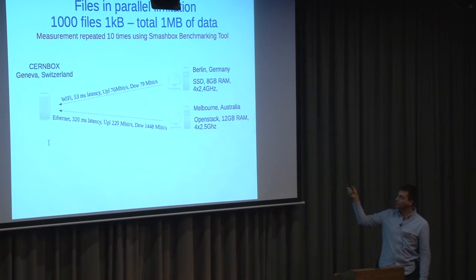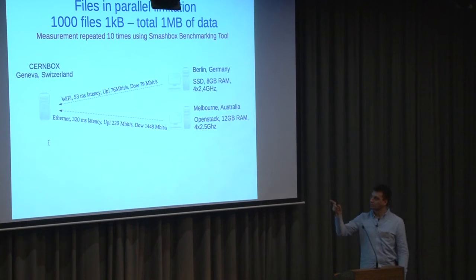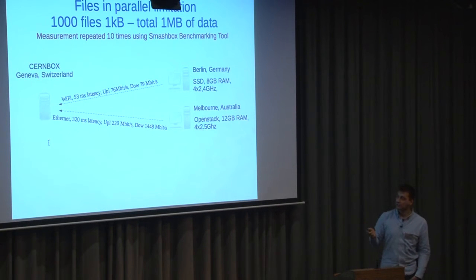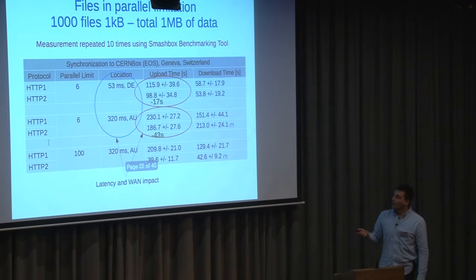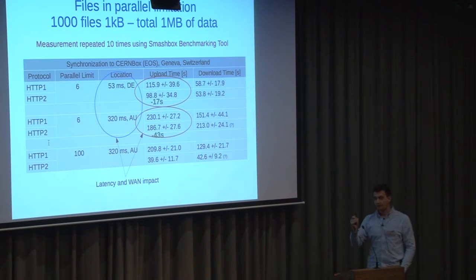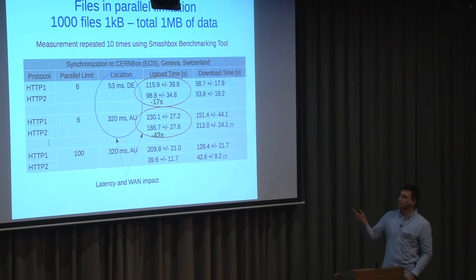The other was in Melbourne, Australia, in an OpenStack environment on the internet, with quite a huge latency of 300 milliseconds. I was actually quite surprised by the results: just piping 6 parallel requests, comparing HTTP1 and then switching, literally putting a flag in the client saying that we use HTTP2.